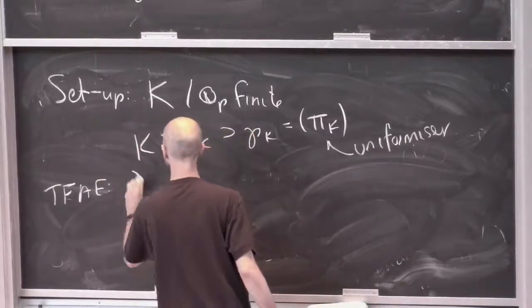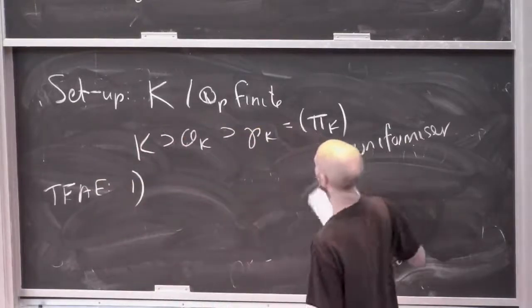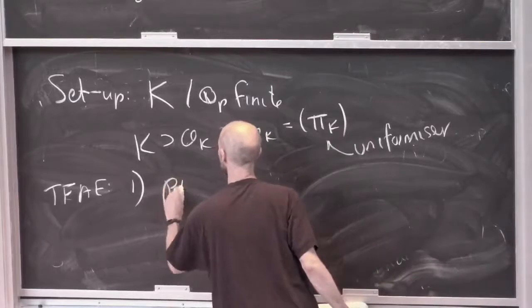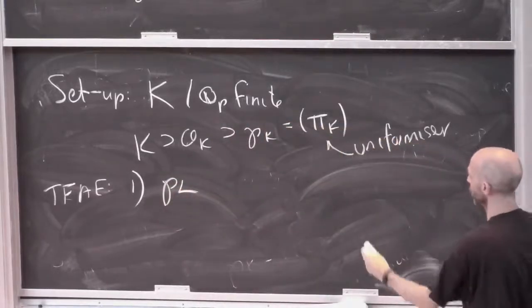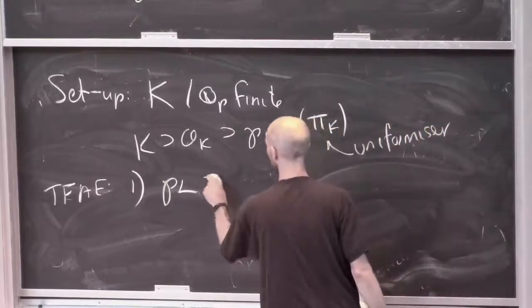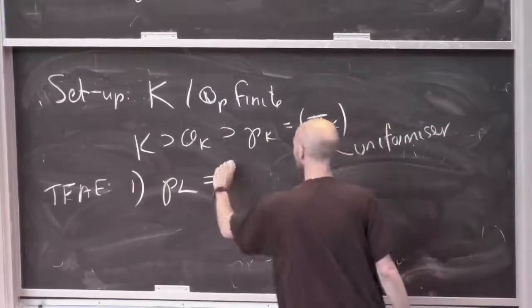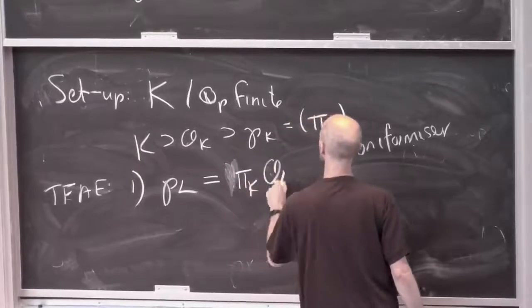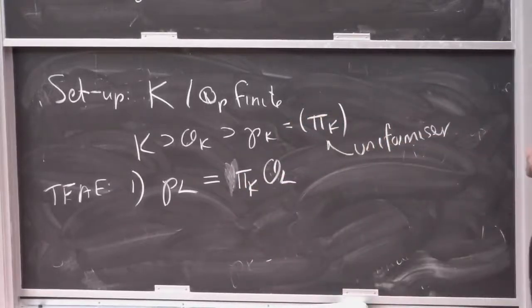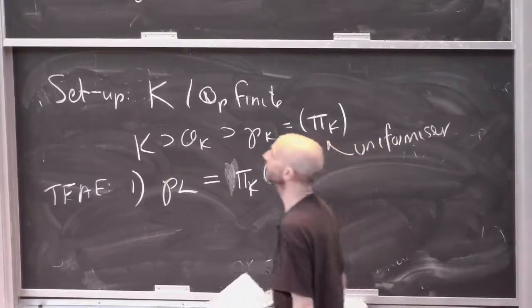So firstly, the maximal ideal of the integers of L, the top field, is principal, and it's not just principal, but it's generated by pi_K. So in the example I talked about, Q_p and Q_p root p.